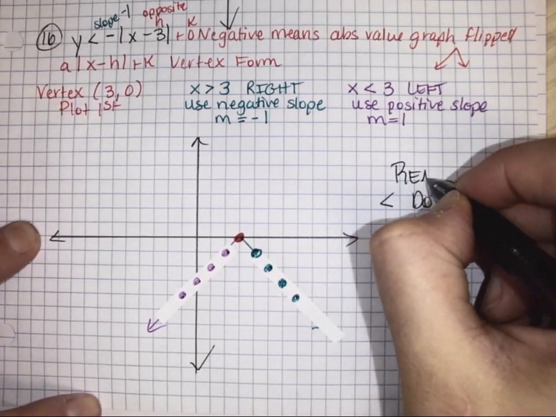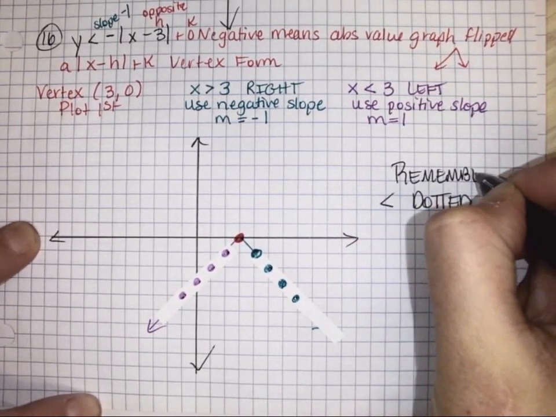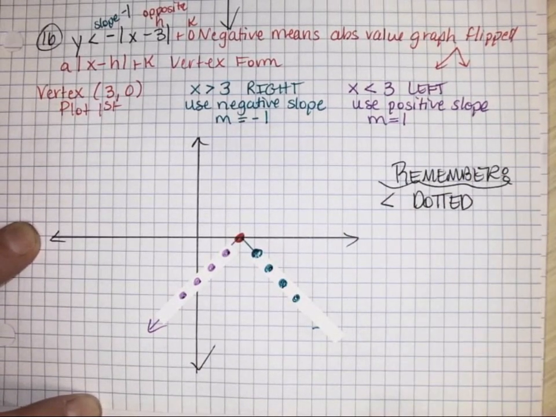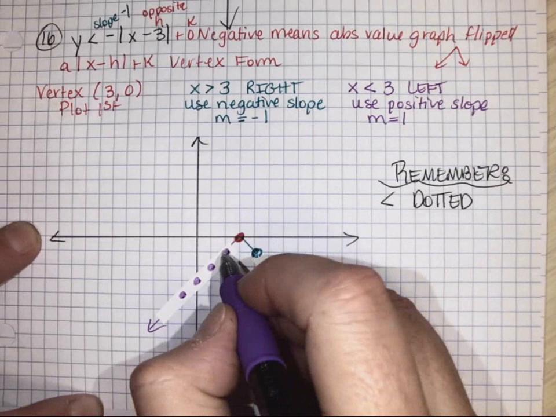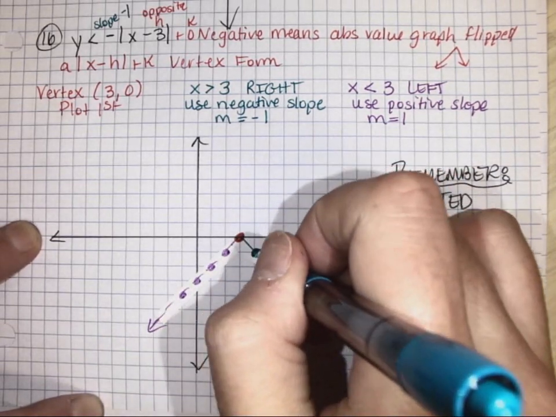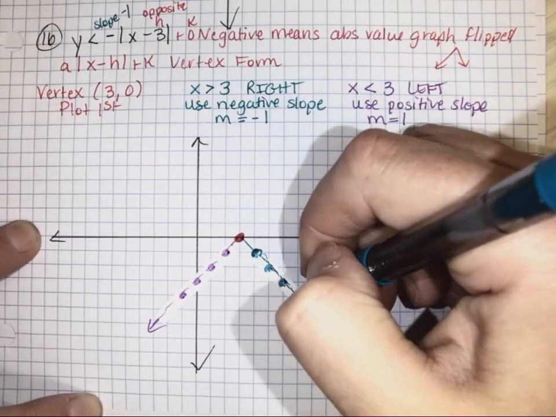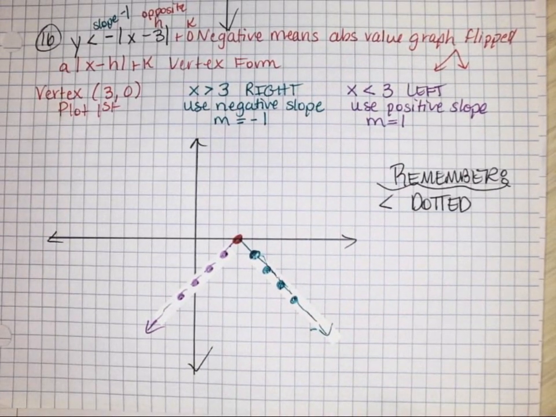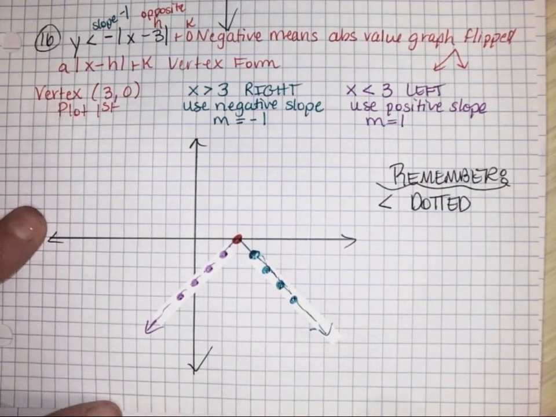So remember, it should be dotted. Dotted line and test for shading.